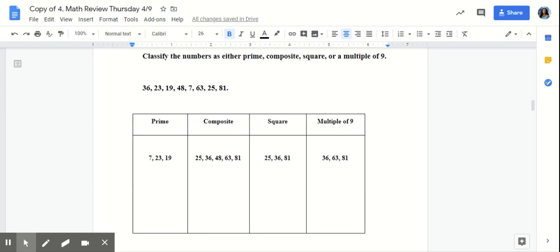So 5 times 5 equals 25, 6 times 6 is 36, and 9 times 9 is 81. 36, 63, and 81 are multiples of 9 because the sum of the digits in each number is 9. So 3 plus 6 is 9, 6 plus 3 is 9, and 8 plus 1 is 9.